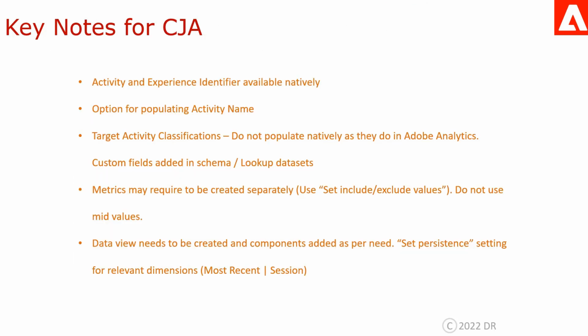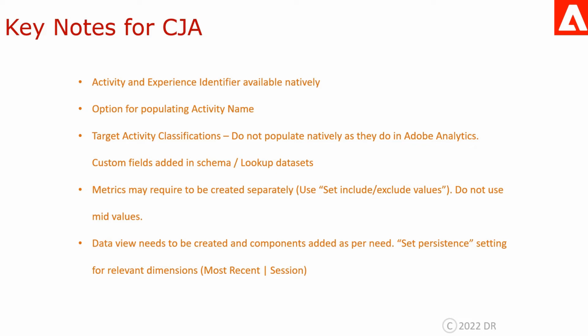So some key notes that I wanted to share from my understanding of customer journey analytics. One, you have natively available activity identifier and experience identifier. Activity name is not available natively, but you can populate it using custom methods, right?